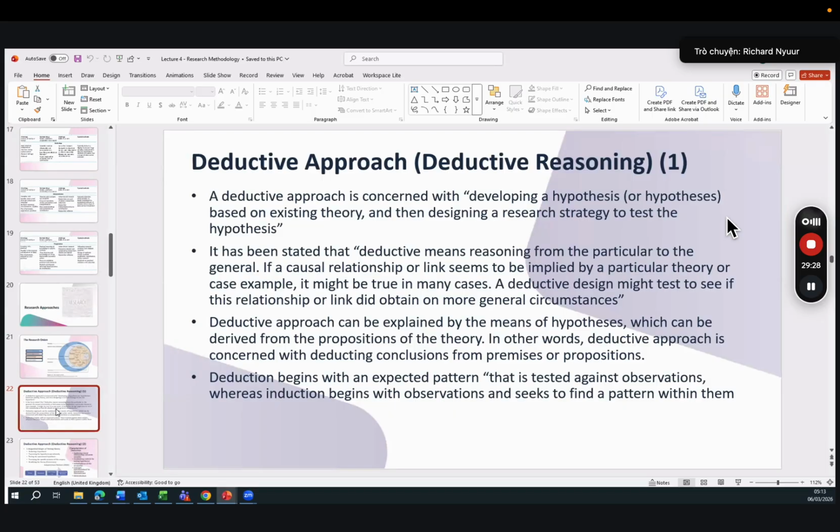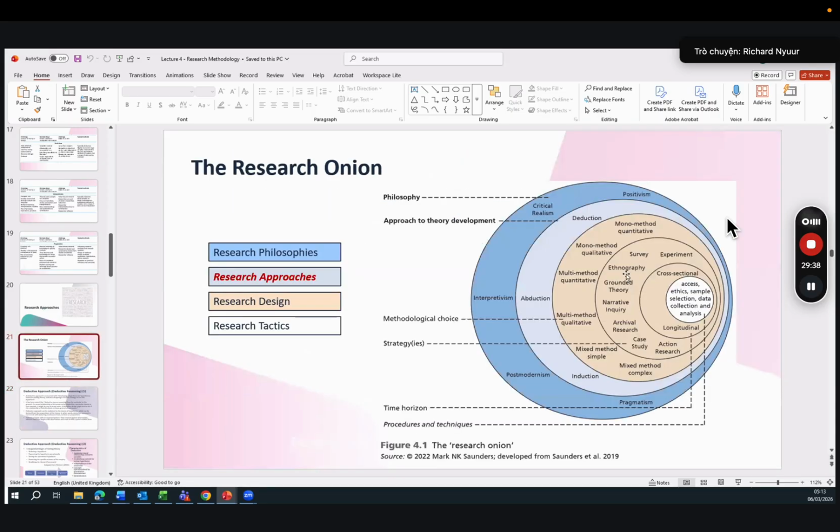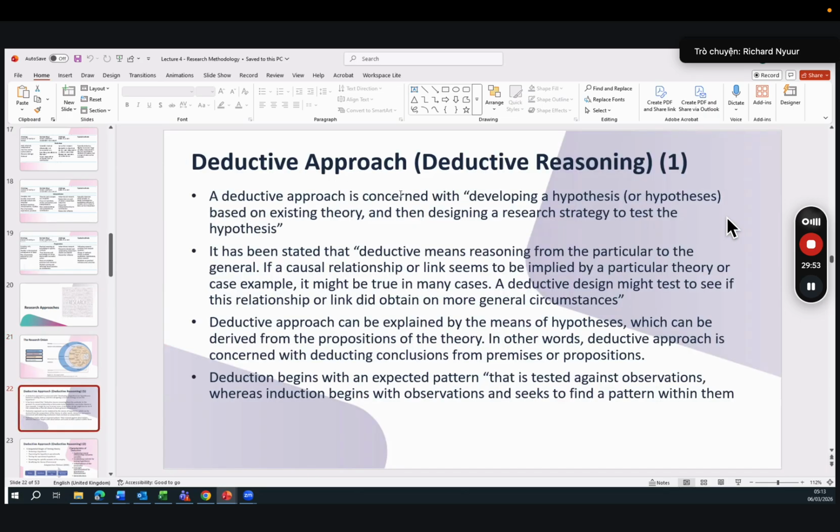Now, in terms of research approaches, we usually have deductive and inductive. As I explained here, when you're looking at positivism, it's more deductive. A deductive approach is concerned with quantitative pieces of work.